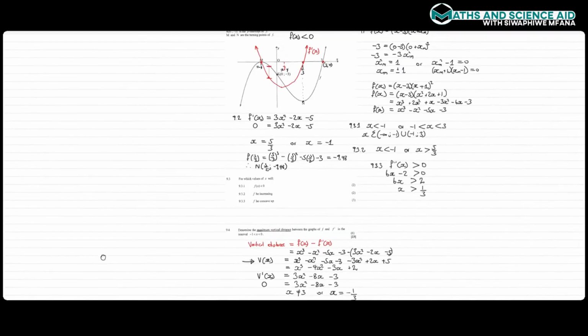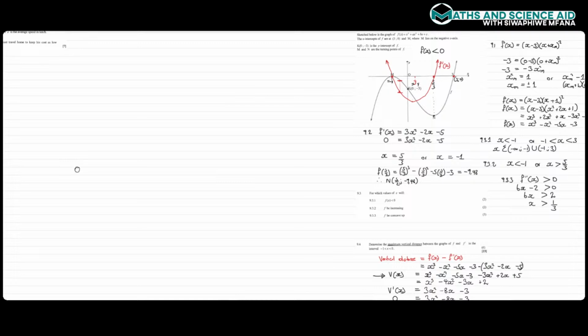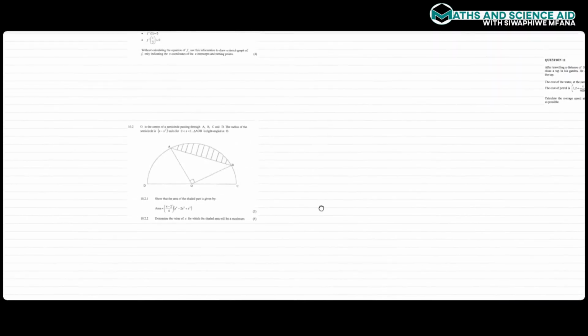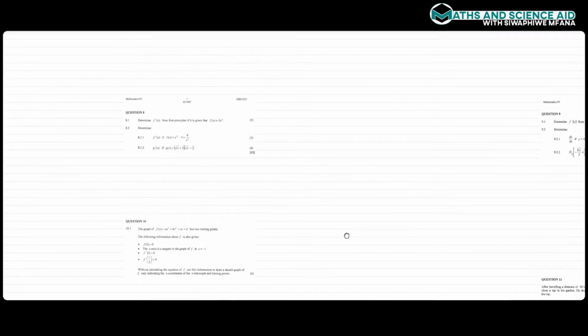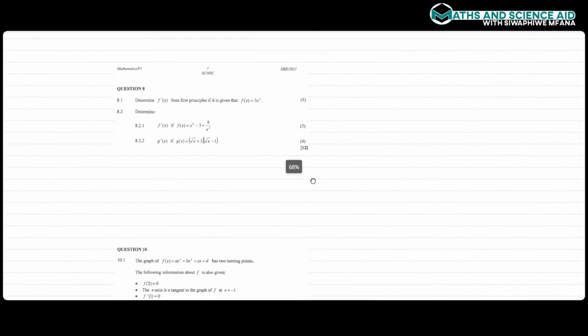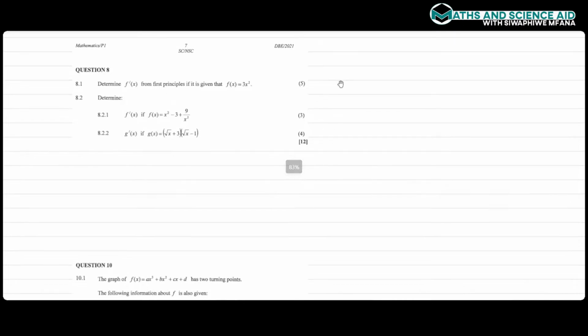So now I just wanted us to begin with this one, and I think there's also another kind of similar question to that. And here it is. It's from the May-June 2021.